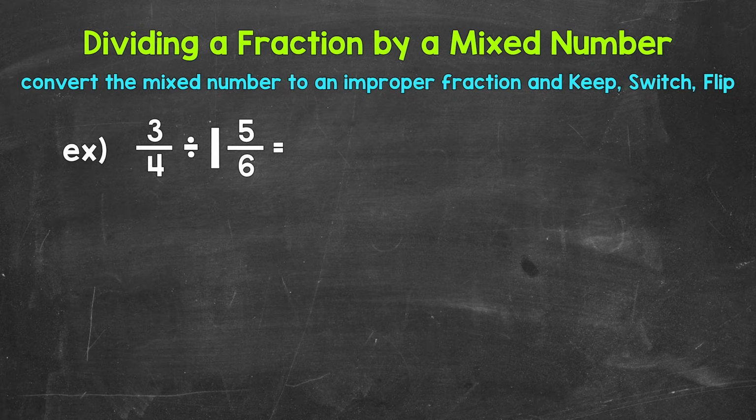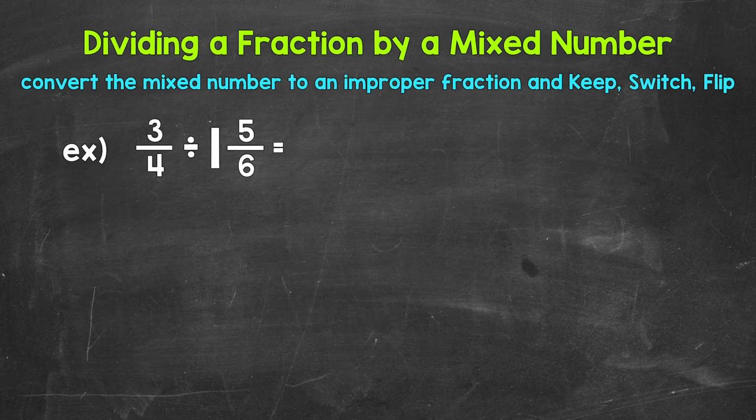Now let's take a look at dividing a fraction by a mixed number. Let's jump into our example where we have 3/4 divided by 1 5/6. Now the first thing that we need to do is rewrite this problem with the mixed number written as an improper fraction. So we need to convert that mixed number to an improper fraction.